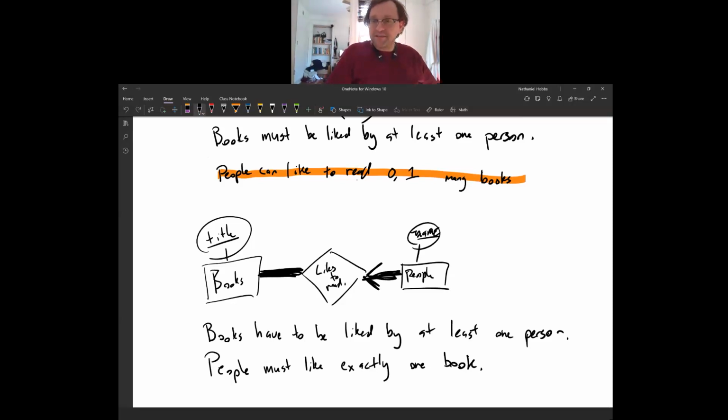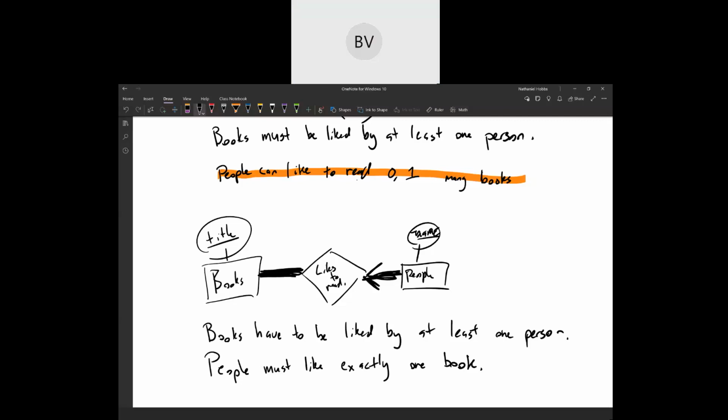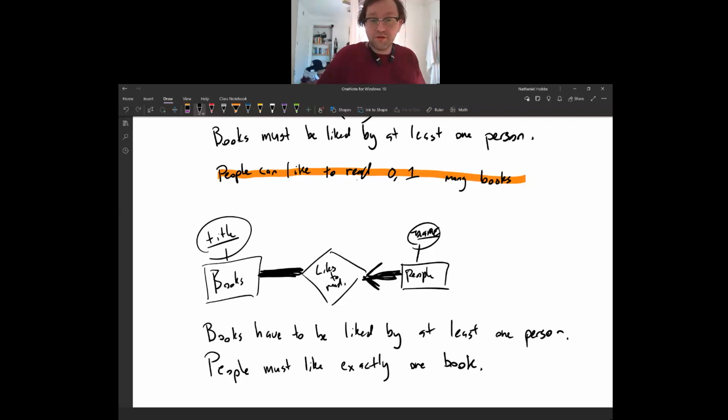You say that this can't work because there's more books than people. Yeah. What if there's exactly one book? Wait, I don't see the problem here.